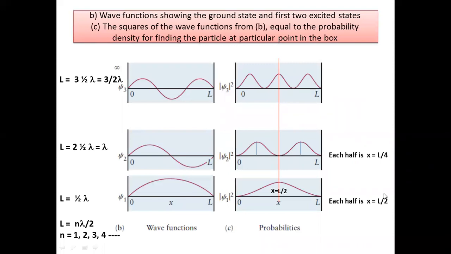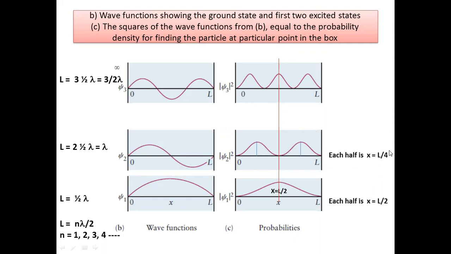Here you will find each part, x, will be equal to L by 4. That means if you divide into equal parts, there is one half, second half, third half, and the fourth half. So that's why each x will be equal to L by 4.